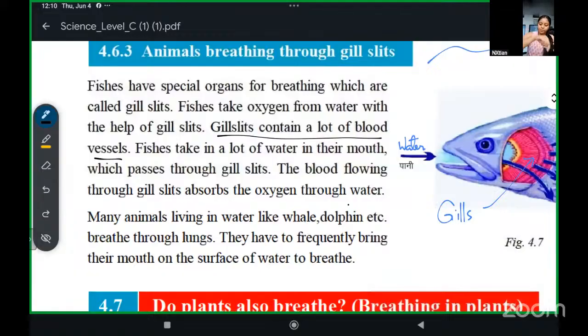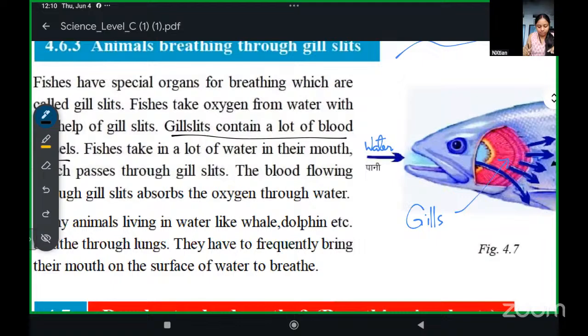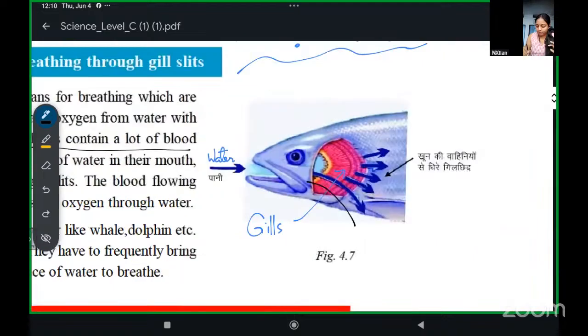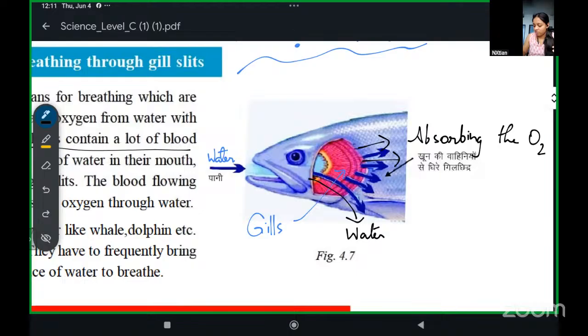The remaining water flows out. You see this arrow? This is the water flowing out. And you see these small arrows here? This is absorption, absorbing the O2 from water.